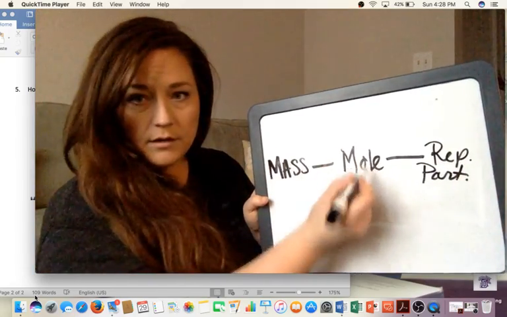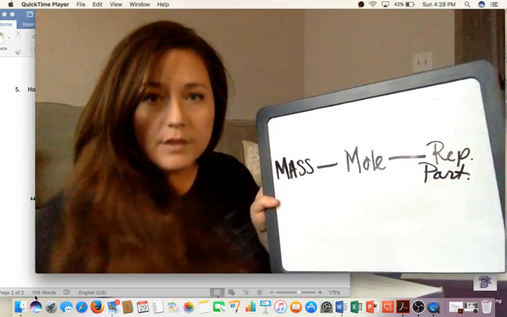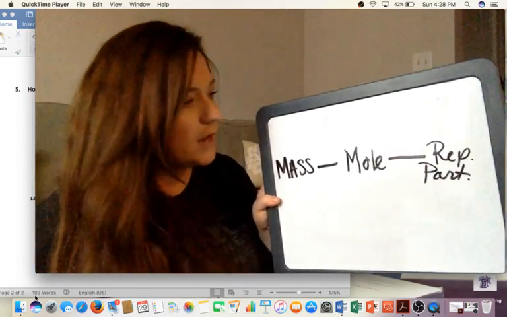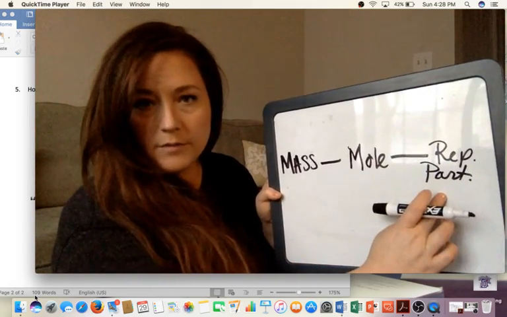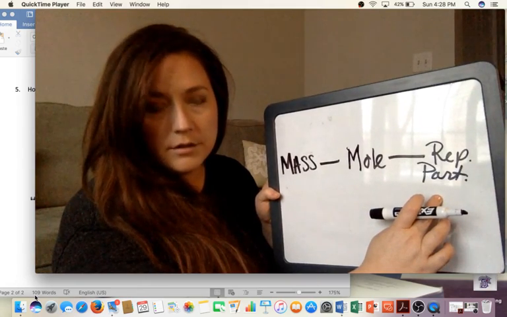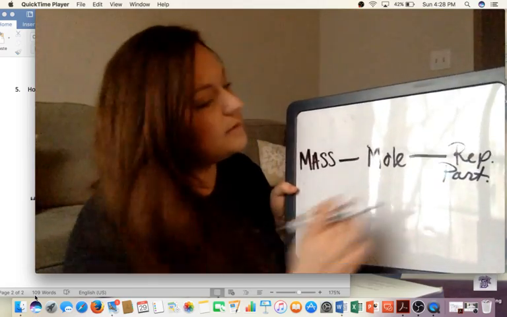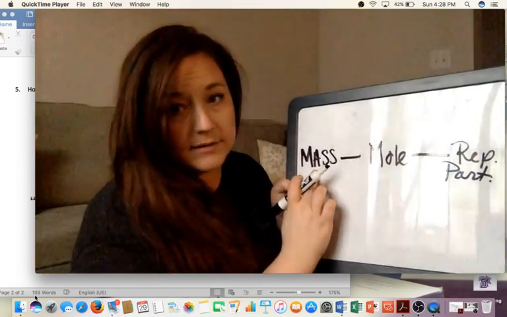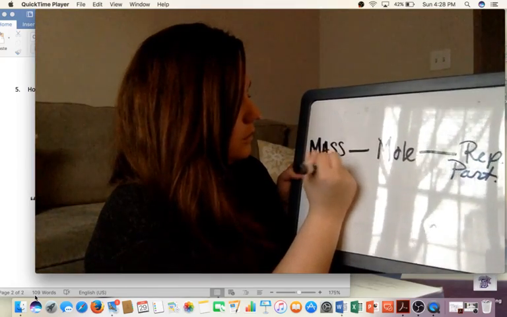These have been the 2 major conversions that we have talked about within Unit 1. We've talked about how we can take mole to one of the representative particles, ions, molecules, atoms, any of those. And we have talked about mass, which we use grams.